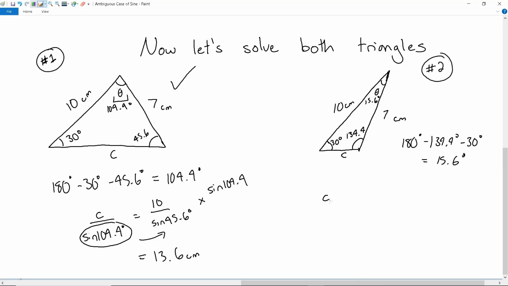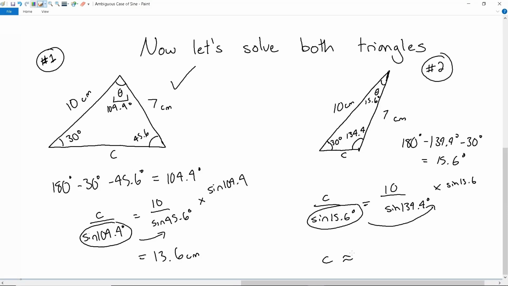And finally, just use sine law to solve for the final side length. Just got to move this all the way over here and multiply. And that gives me roughly 3.8 centimeters.